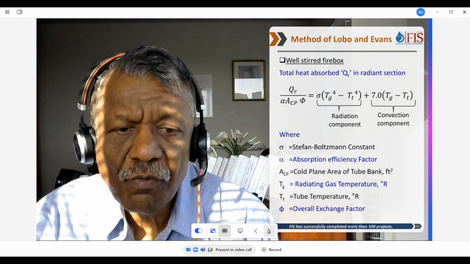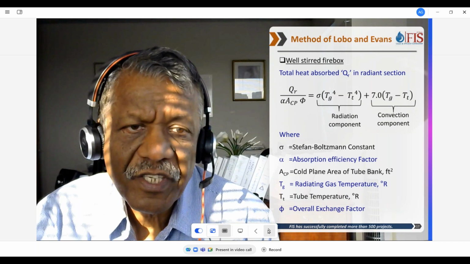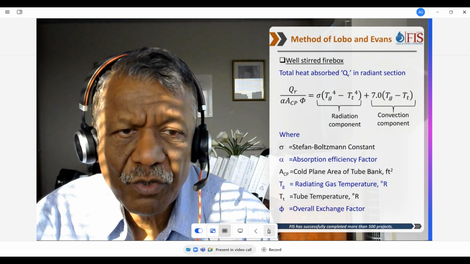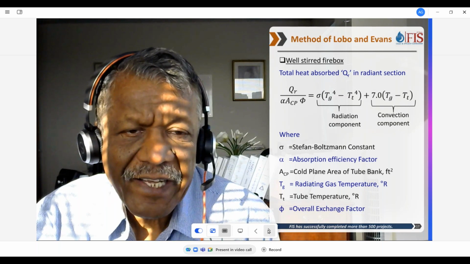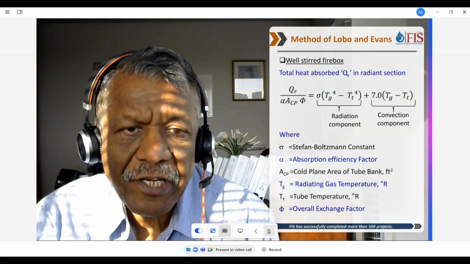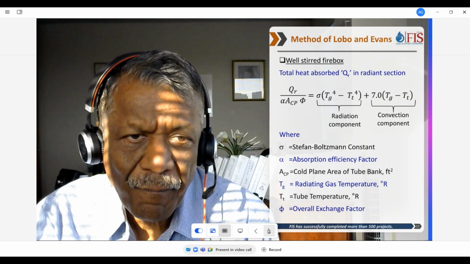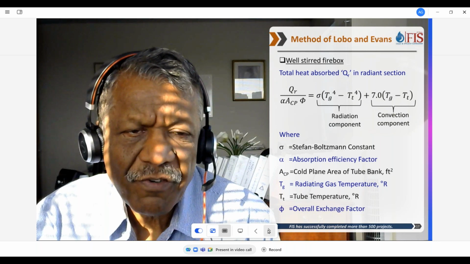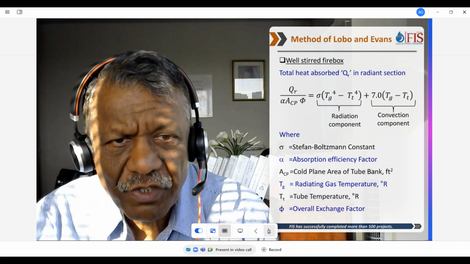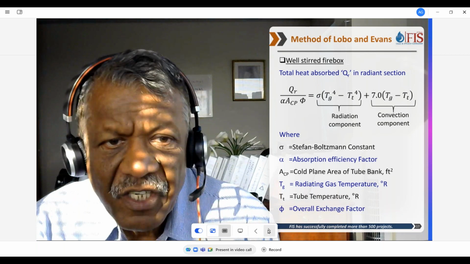Tt is the tube metal temperature, which is again measured in degrees Rankine, or absolute. As you all know, radiation is proportional to temperature raised to the power 4. So Tg to the power 4 minus Tt to the power 4 defines the radiation component.